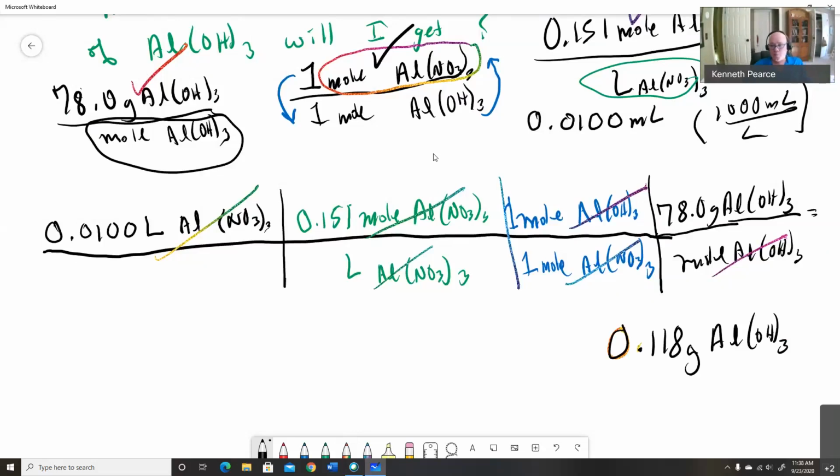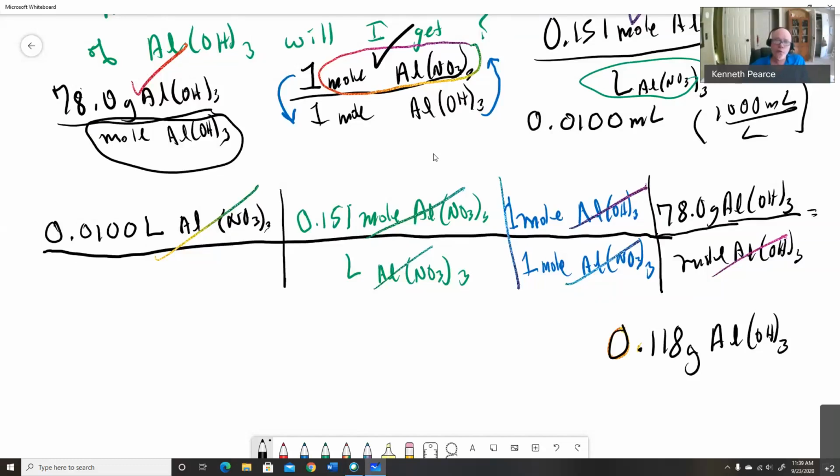So these are two major skills. There's a third major skill, and we're going to do that next time, which is doing these calculations with acid-base neutralization. This is a calculation where we have so many milliliters of some solution, and we're going to determine what we're going to get as far as the product goes.